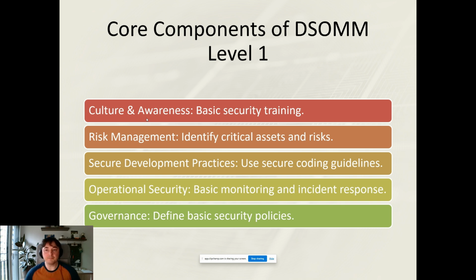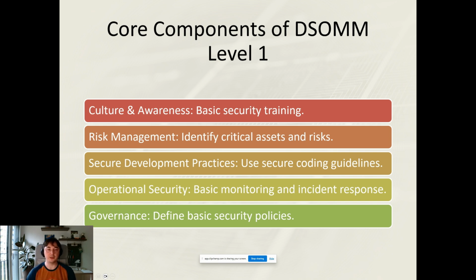For level 1, it can be split a little bit differently. And you can say that there are, once again, 5 core components of the DSOMM Level 1, and they can be mapped into those individual items. But pretty much it's about the culture, about the risk management, and other items that you can see on the screen.